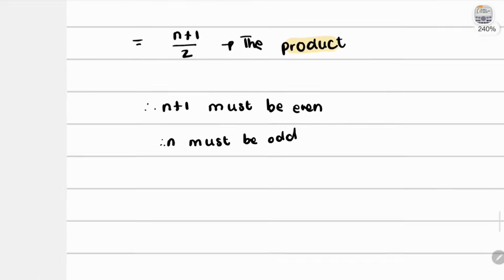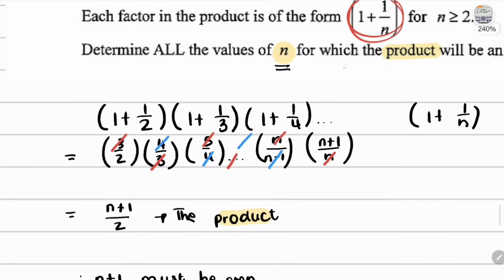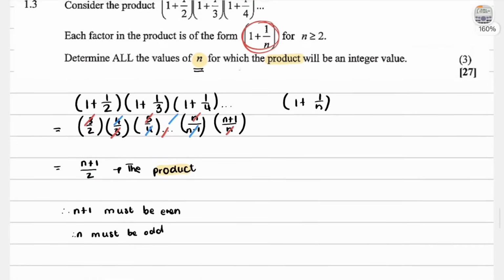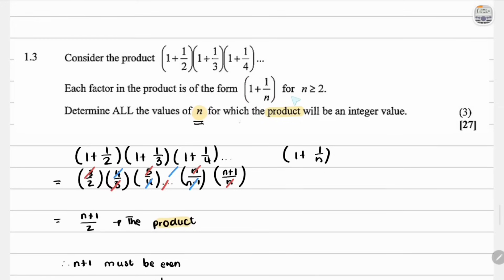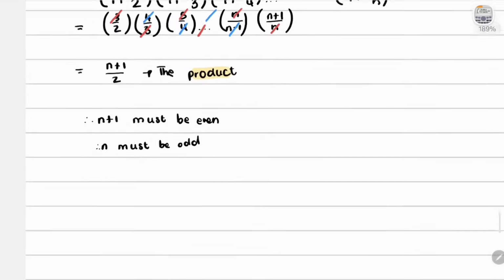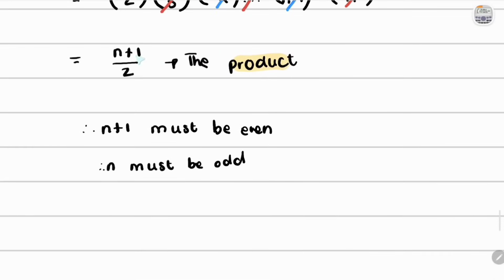So is it just odd for all values of n, or should we restrict it? Do you see that at first we already had it being restricted? n had to be greater than or equal to 2. So you can see from this we're not considering any negative numbers. So what does n have to be to satisfy this? We can see from the product that when n is equal to exactly 2, then this becomes 3 over 2, which is not an integer value.